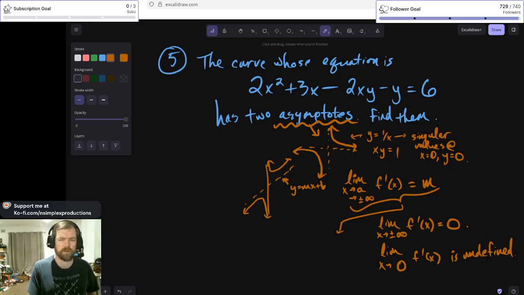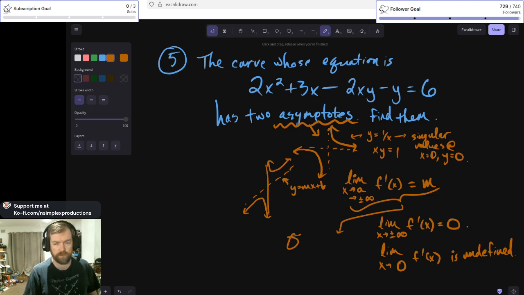So it could be that our first derivative is going to approach a constant value at either, again, infinity or at a particular location.